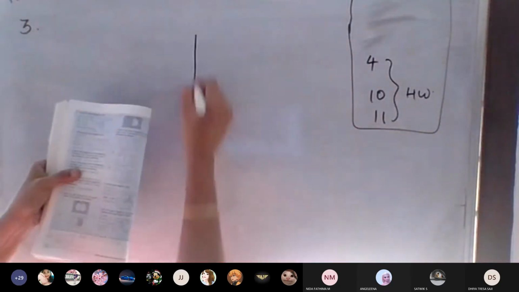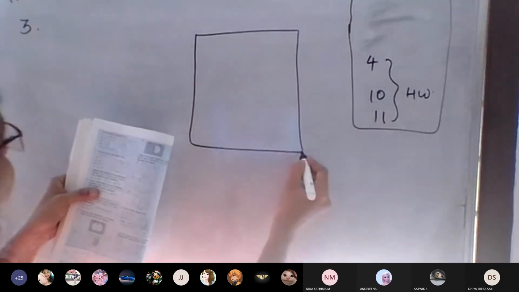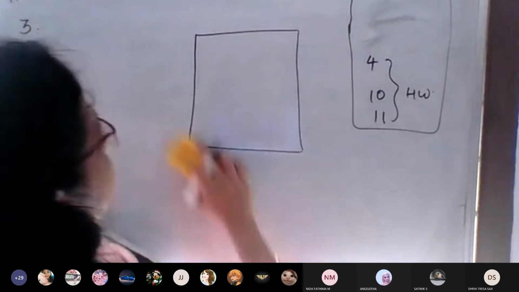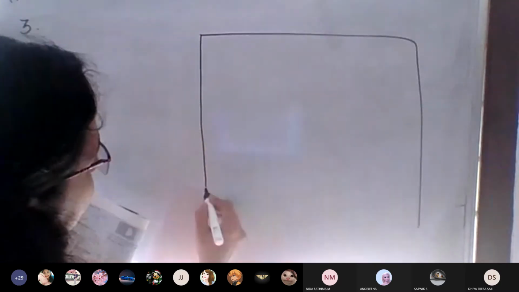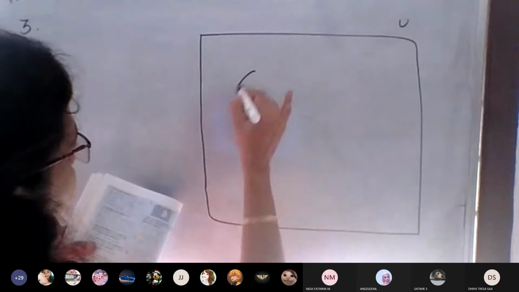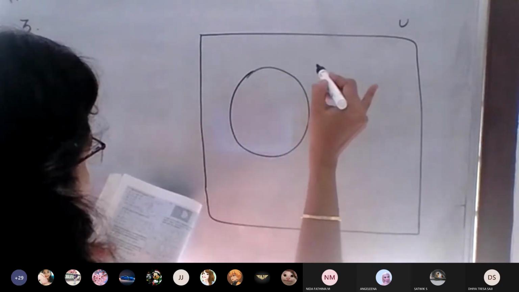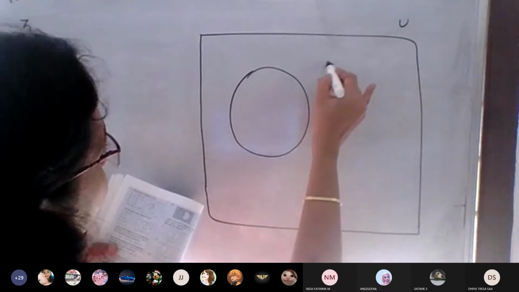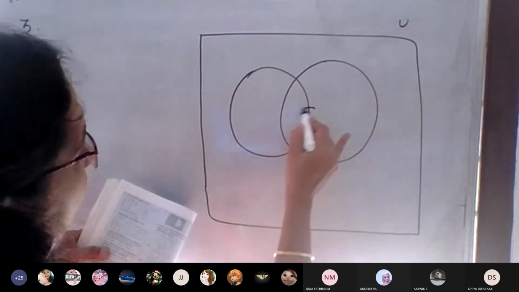Okay, Venn diagram. Draw properly. Always draw the big one, that is better. Universal set. Then 3 circles are there, all joint circles: 1, 2, then 3.